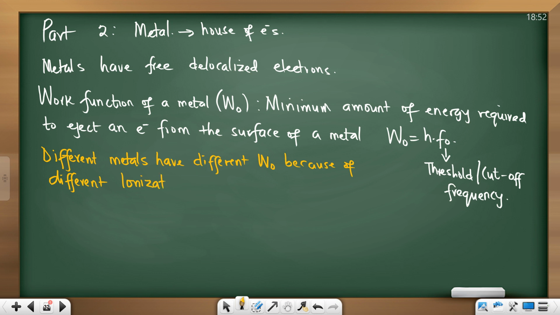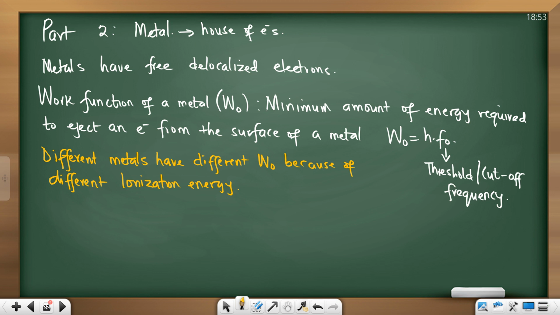Grade 10. What is ionization energy? I won't go deep into it. Ionization energy is the energy required to remove an electron from the outer shell of a metal. That's grade 10. So in grade 10, we spoke about the first ionization energy, the second ionization energy. You don't remember stuff. All right.